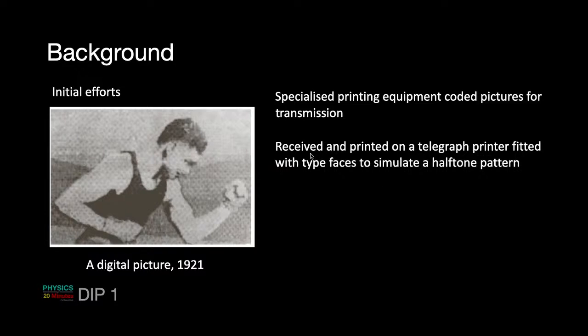So special typefaces were connected so that the image can be printed. It was not ones and twos, but something special, different. And the image was transmitted. You can see that the image was not very clear. It's very blurred compared to any standard, but still it was a great success.